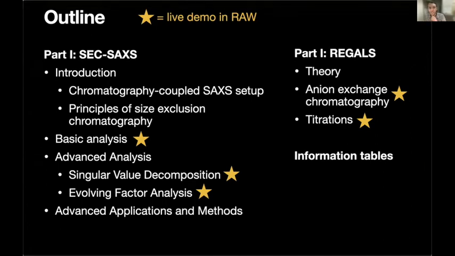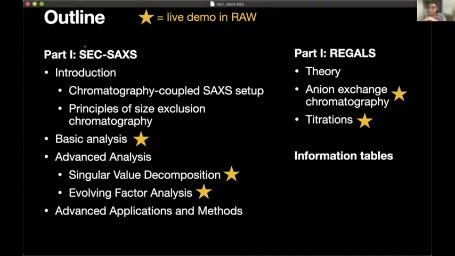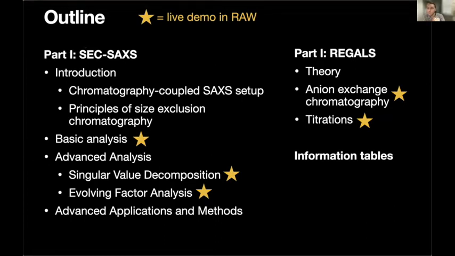Okay, so a basic outline here. The first part of my talk is kind of the main thing about SEC-SAXS. I'll give you an introduction. So what is that? What is SEC-SAXS? And then even for those who haven't done chromatography before, also just some general principles of what size exclusion chromatography is doing and why it works. And I'll take you through a basic analysis that you will do.